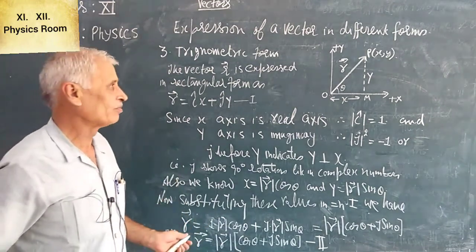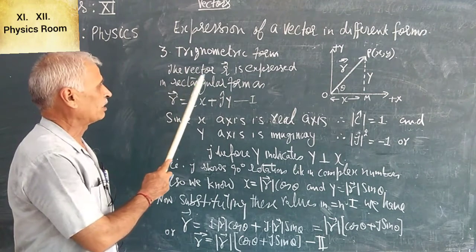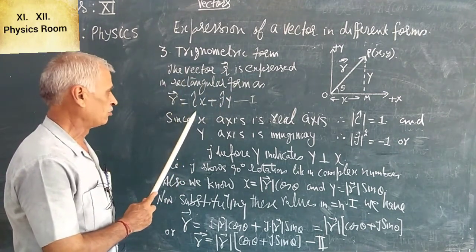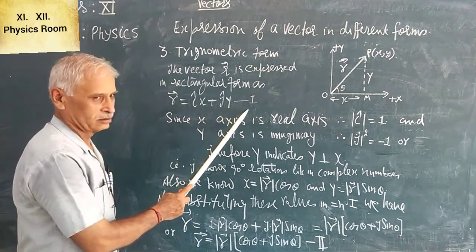Let us see. As usual, the vector r is expressed in rectangular form as vector r is equal to i cap x plus j cap y. It is equation 1.